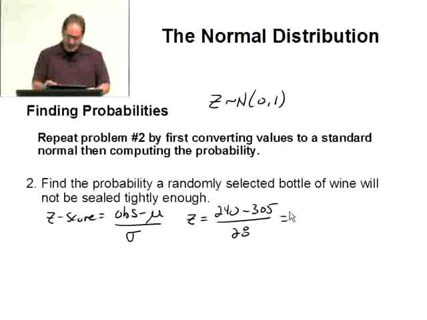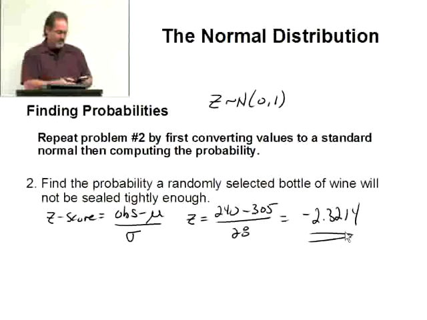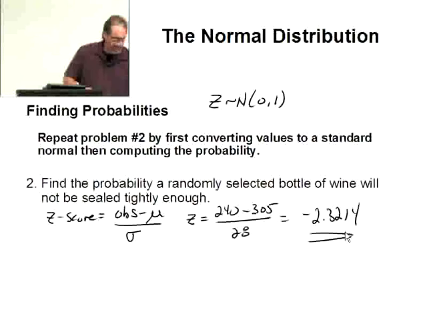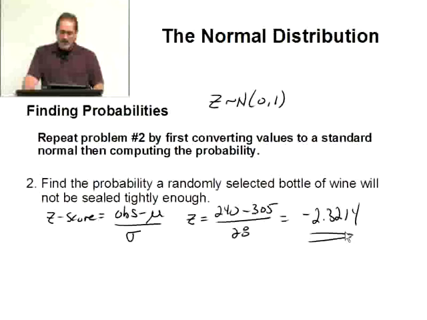This is a negative 2.3214. Remember, z-score is the number of standard deviations an object is below the mean. That's a little more than 2 standard deviations, almost 2.5 standard deviations below the mean.